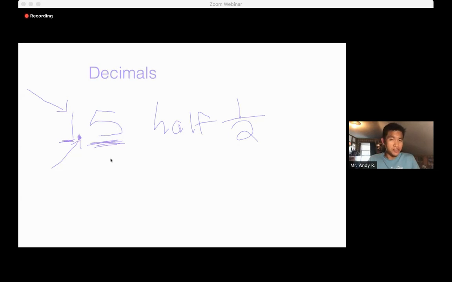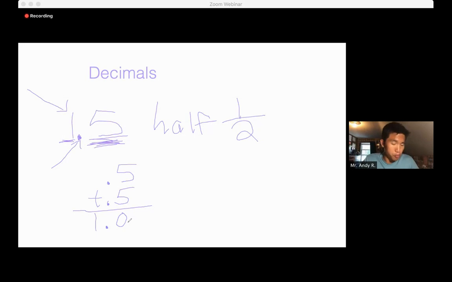And it's because this 0.5 means half. Let's just take out the 1 and do 0.5 plus 0.5. What's 5 plus 5? Let's just ignore the decimal point. 5 plus 5 equals 10. And when you add decimal numbers, you place the decimal point in the same spot it was in the original numbers.